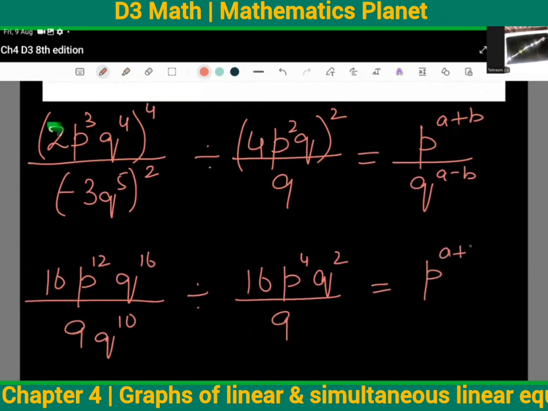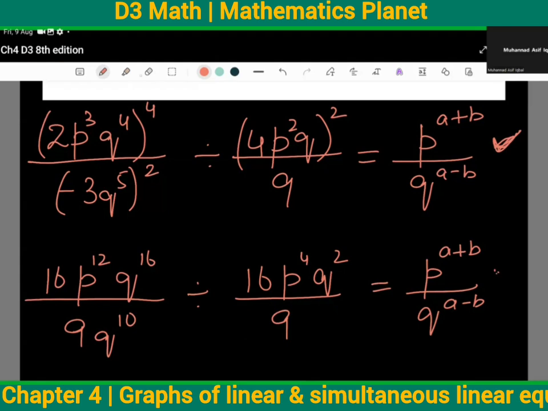Ma'am, I did not understand the first step. This is the question. Okay. This is the first step. So in the first step, I just tried to open the brackets. So this is the bracket with the power 4. So 2 times 2, 2 to the power 4 is 16. p^3 to the power 4 is 12. q^4 with the 4 is 16. And in the denominator, 3 squared is 9. q^5 to the 10.